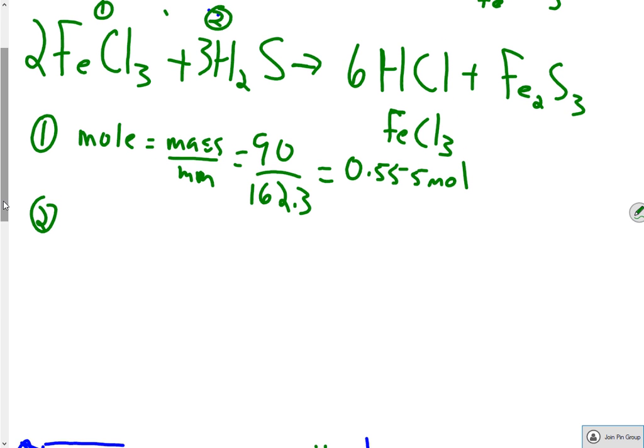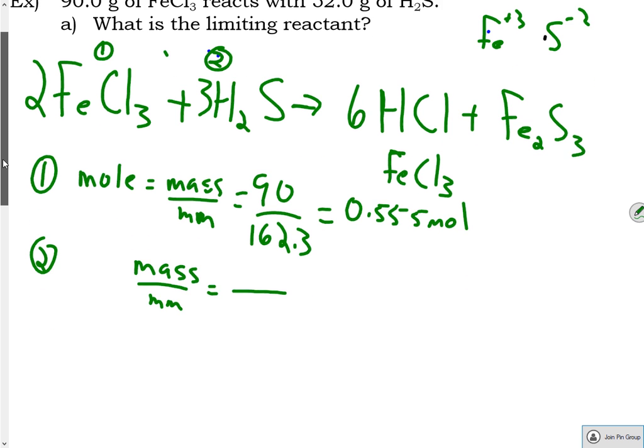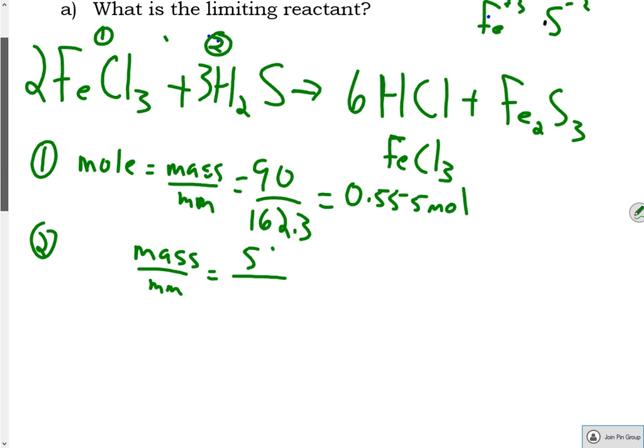And then I do the same for H2S. So H2S, that's just going to be mass over molar mass. My mass is given to me at 52 grams. My molar mass of that is going to be 32, it'll be 34 altogether.